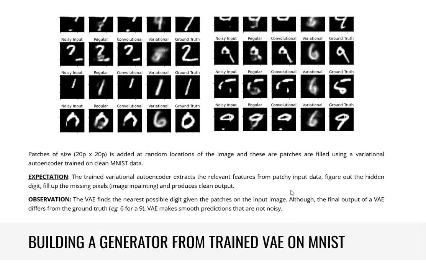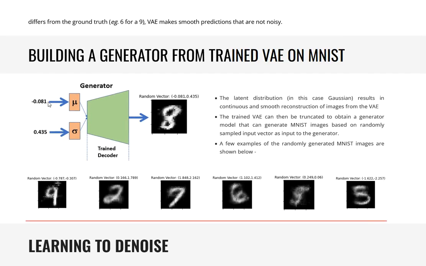Even in this case with the MNIST dataset, we give an input random vector representing the mean and the standard deviation, and we are able to produce an output that the generator produces. As an outcome of its training with the MNIST dataset, it produces some sort of sensible output, and in this case, it closely resembles an 8.